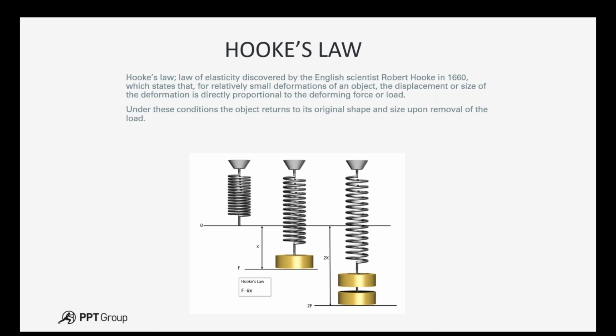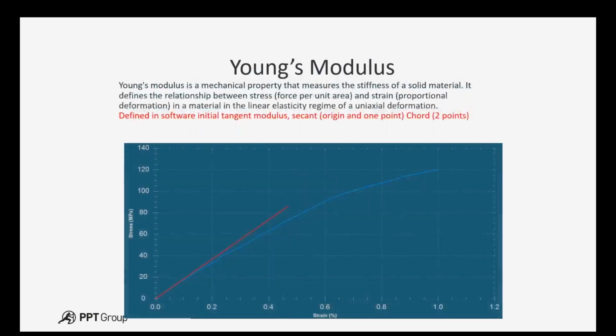So what we look at here is this elastic region, and we term this Young's modulus. It's a mechanical property that measures the stiffness of a solid material, and it's the relationship between stress and strain in the proportional region of the sample. So the linear elastic region is where it's going to stretch along this line and come back; when it starts to deviate from it, it starts to enter a plastic region.